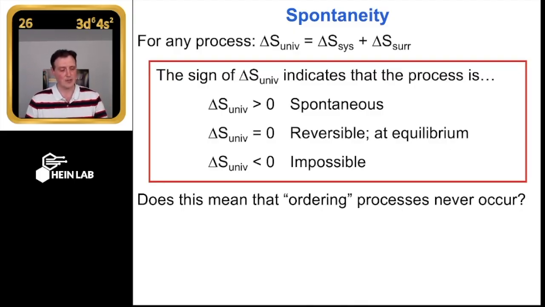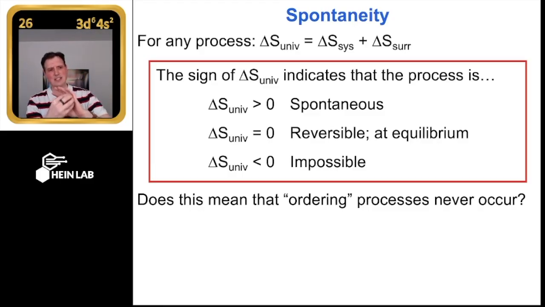But what people sometimes interpret from that last one is, oh, delta S of the universe is negative, so that means nothing with a negative delta S could ever happen, or an ordering process could ever happen. I studied crystallization. Crystallization fundamentally is taking something that was in solution and creating a nice, perfect crystal lattice.